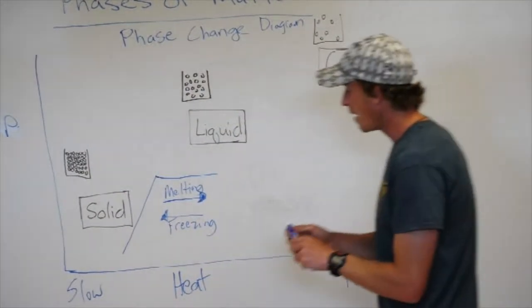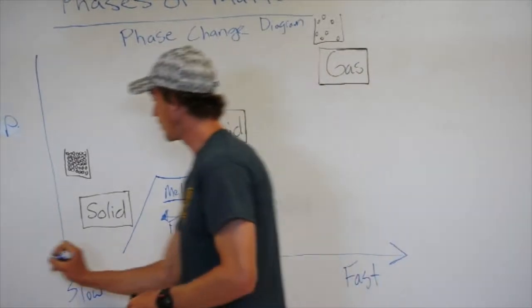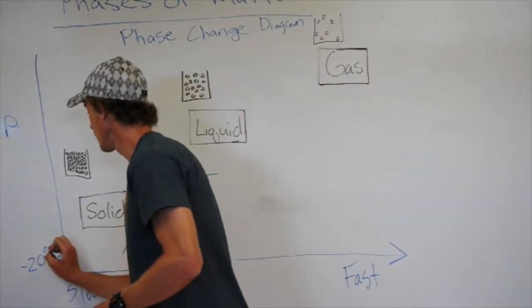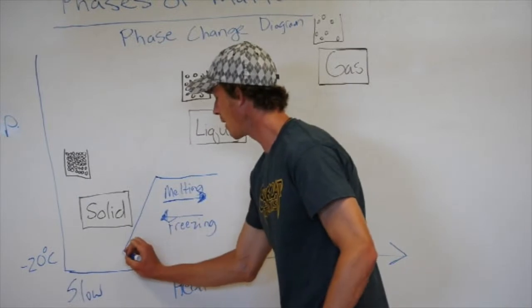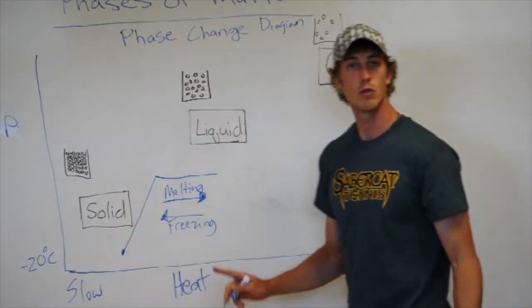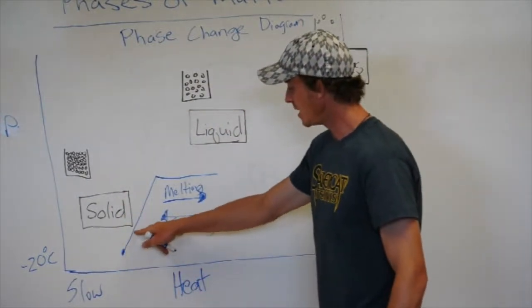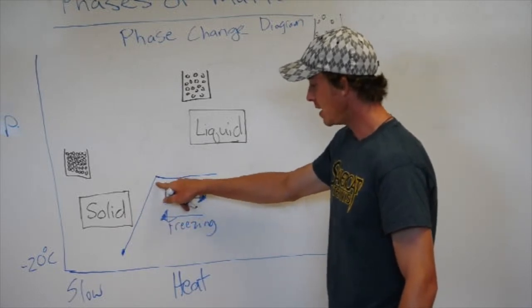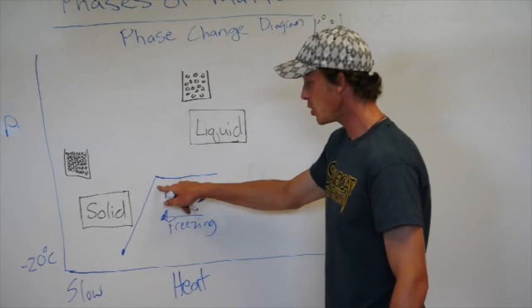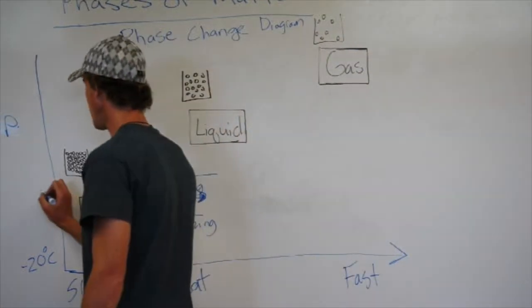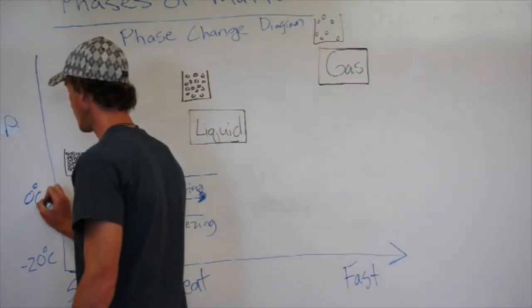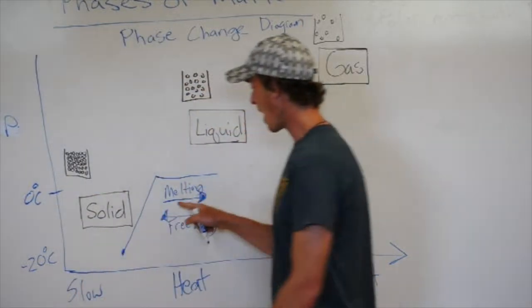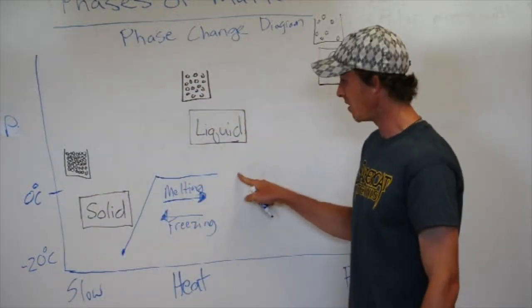So let's just say we're going to start at -20 degrees. Right here, this is where we have a chunk of ice. We'll just use that as an example. I'm adding heat, okay? But as I'm adding heat, the temperature is changing, but once I get to 0 degrees Celsius, that's where I'm starting to melt. I'm reaching a point of melting.